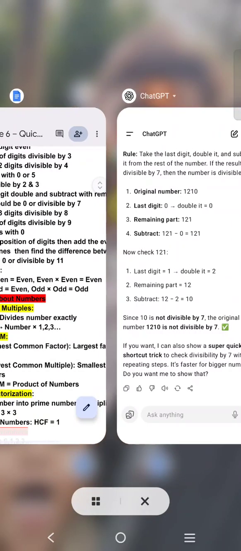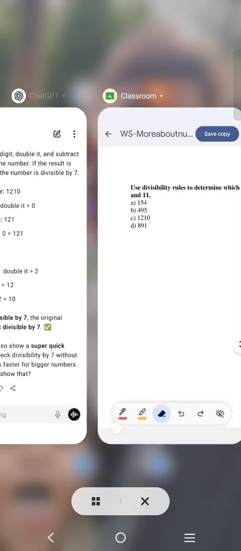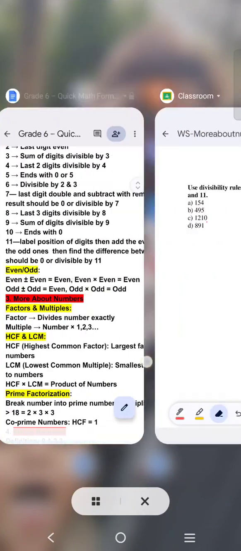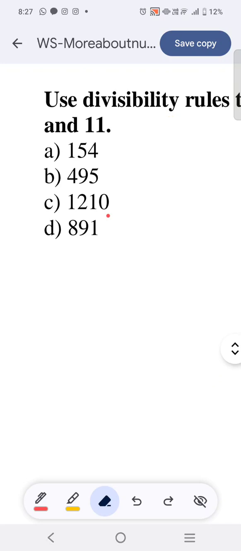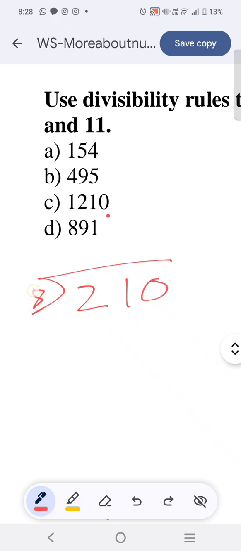Okay, now the next one is 8. Now in 8, what we have to do is we have to see if the last 3 digits, which are 2, 1 and 0, are divisible by 8. Okay, so we'll divide 210 by 8.